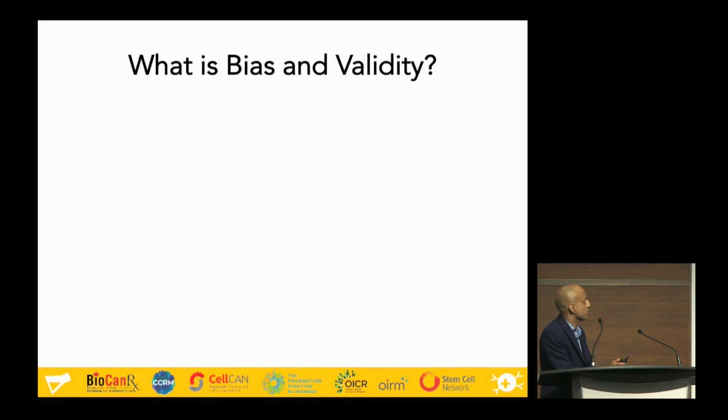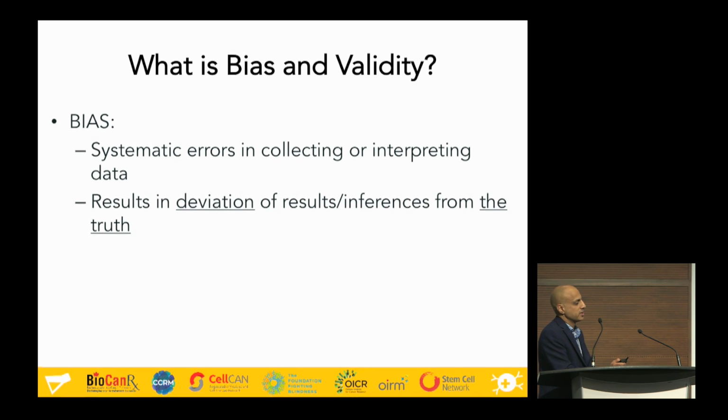So what is bias and what is validity? Bias, I'm sure all of you have an idea in your mind of what it is already, but one definition we can use is that they are systematic errors in collecting or interpreting your data. So when you are conducting your experiment or interpreting your data, if bias is creeping into that, then it's going to result in a deviation of those results, or any inferences you make from those results, from the truth.